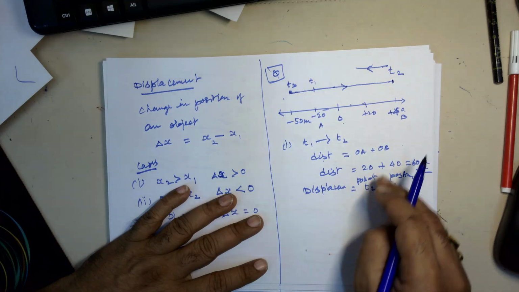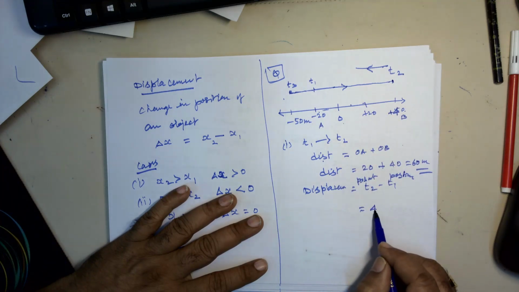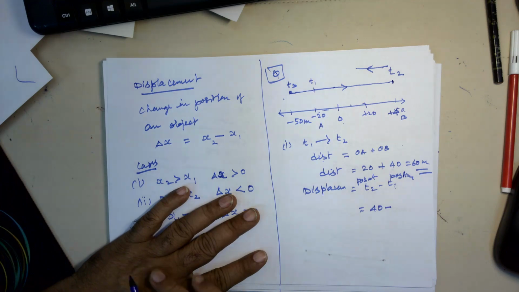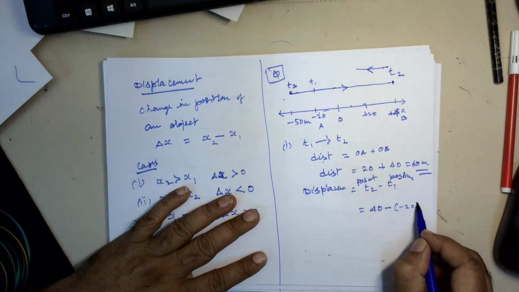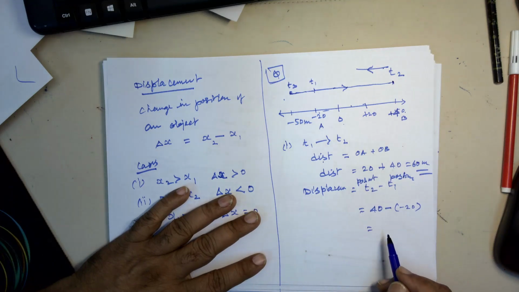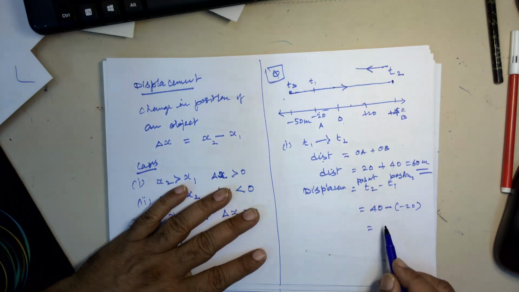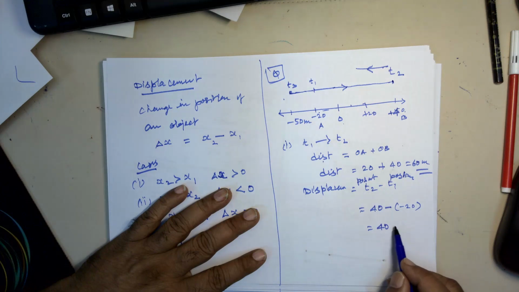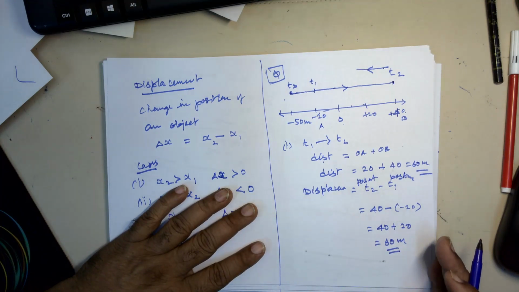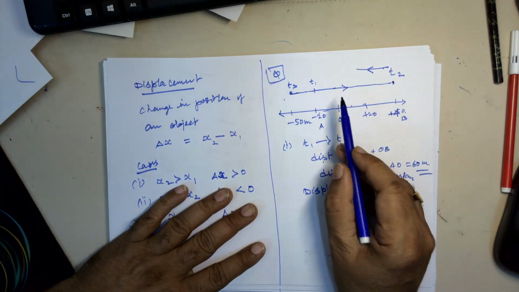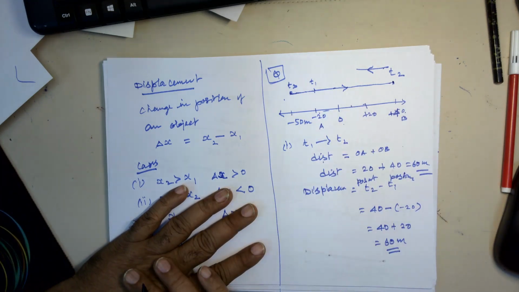The position at T2 is 40, right? Minus what is the position at T1? That is minus 20. Okay. So automatically it becomes 40 plus 20, we call it 60 meter. This is towards the x-axis. Now listen to me very carefully. I am talking about T1 to T2.